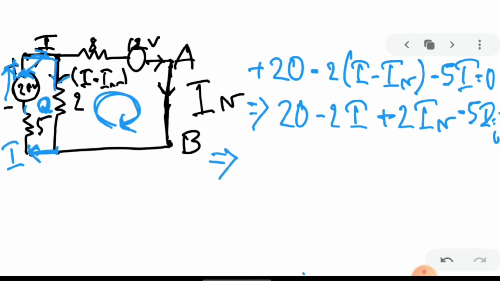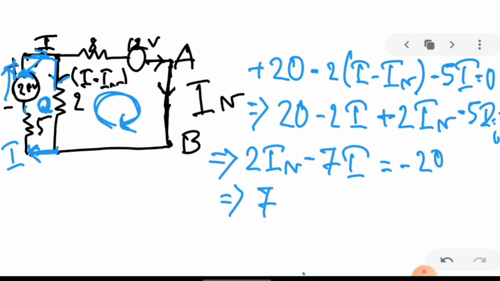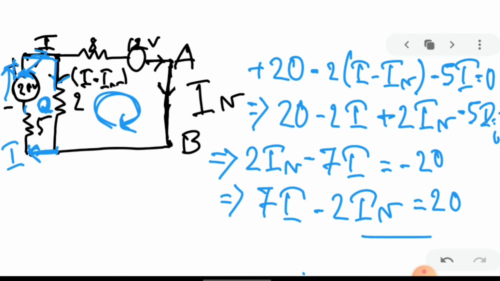So it is 2IN minus 7I equals minus 20, so 7I minus 2IN equals 20. Okay, so it is done. It is the first equation.